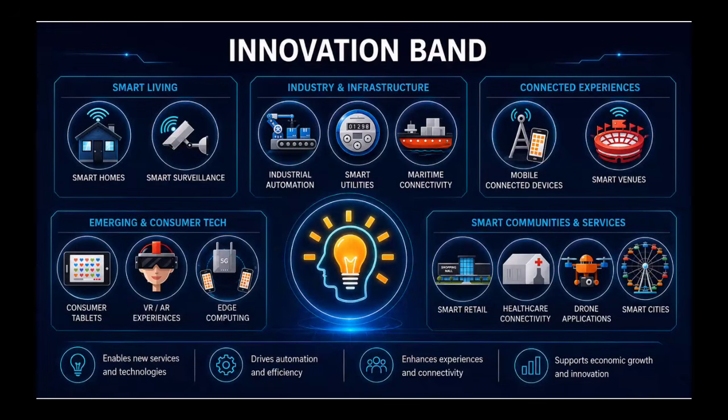CBRS is often called the innovation band because it opens the door to many different applications beyond traditional cellular networks. For example, we can use CBRS for fixed wireless access, surveillance cameras, and private LTE or private 5G networks in smart factories, warehouses, ports, etc. Utilities can use it for smart metering, such as electricity, water, or gas meters.